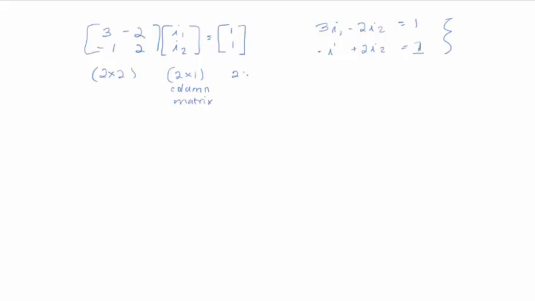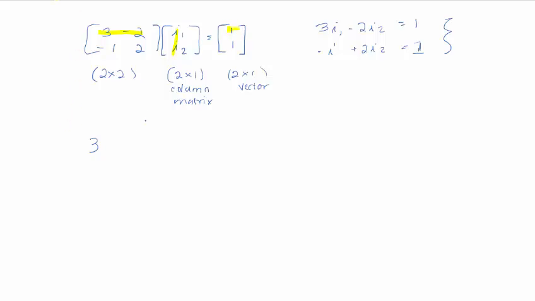And this one's also a 2x1 column matrix or vector. If you are multiplying this matrix times this vector, you do row times column. So row 1 is 3, and you do row times column, and it will equal this value.